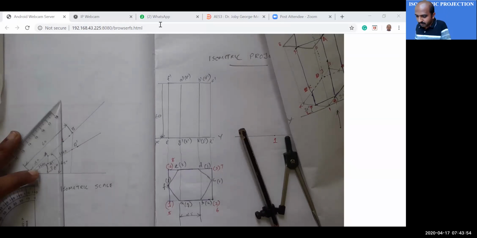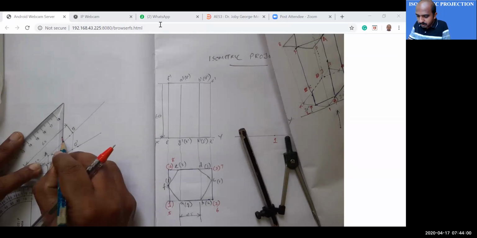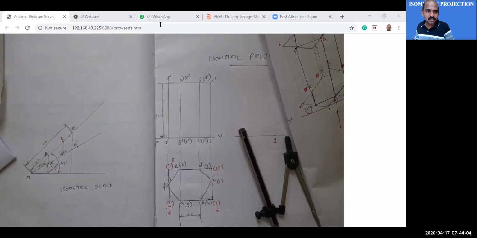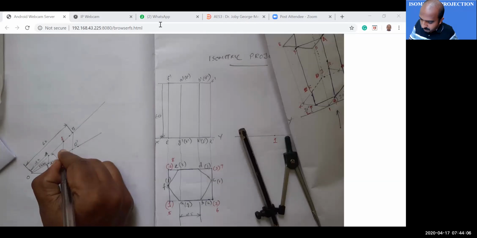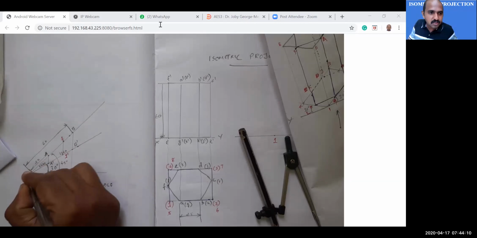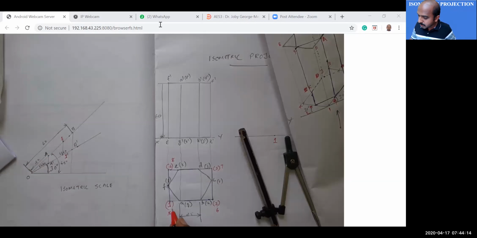So from 1, you drop a perpendicular to the 30-degree line. Then you will get O1 dash. O1 dash represents the isometric length corresponding to 1 to 2.